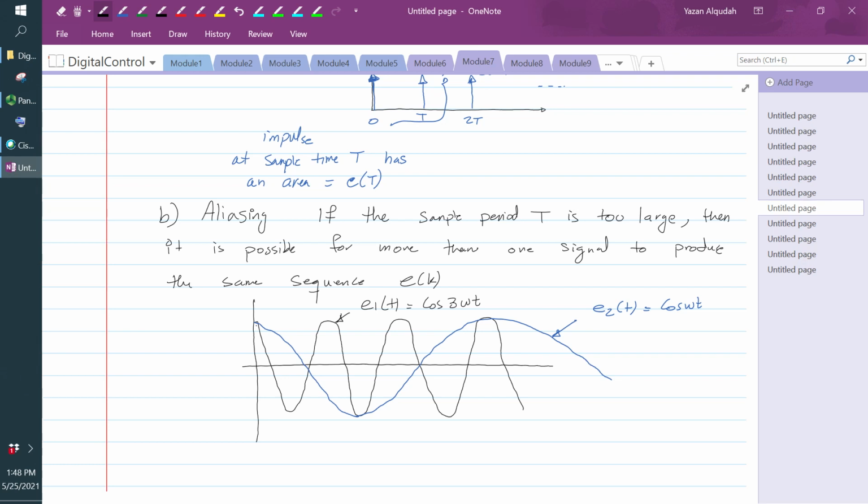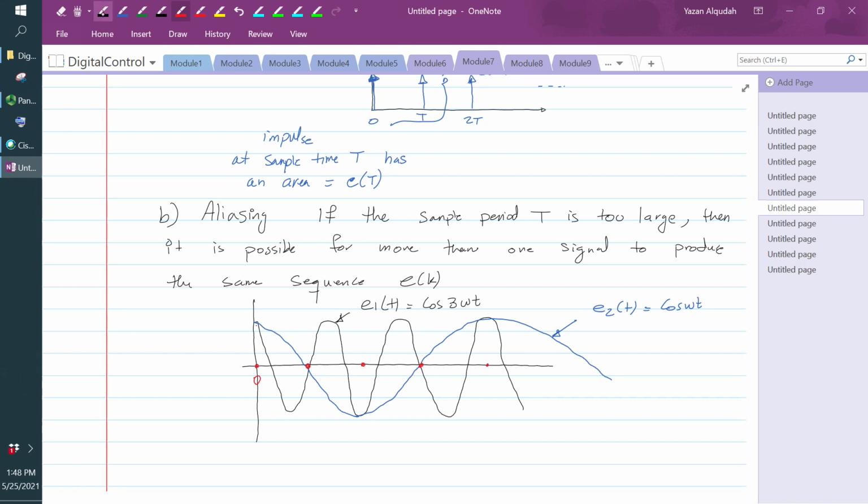Now what happens if I sample this signal? The way I'm going to sample it is that I'm going to take a sample here. So this is 0. I'm going to take a sample here, here, here, and here.